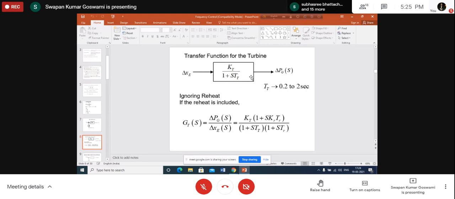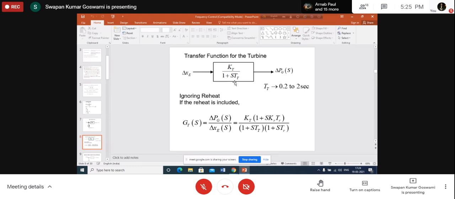Since the turbine is basically a steam generation process, we shall not be going into the details of that representation. For frequency control analysis, we shall be assuming that the turbine may be represented by a first order transfer function, considering only the superheater.